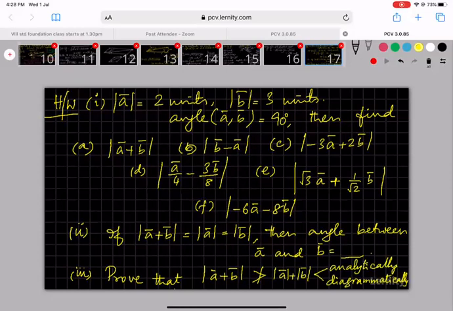Third question, magnitude of A bar plus B bar is not greater than magnitude of A bar plus magnitude of B bar.